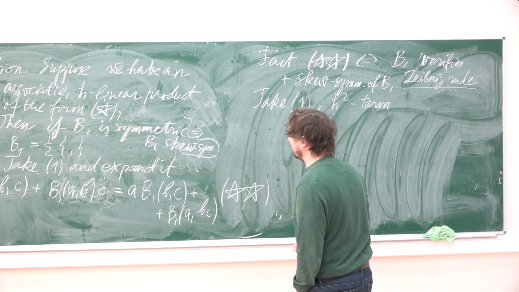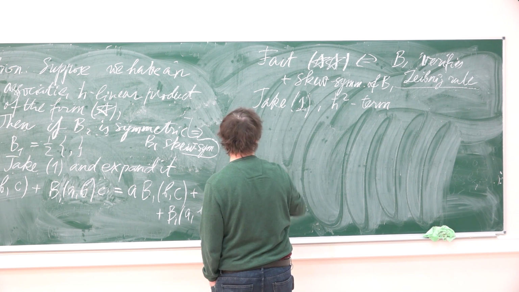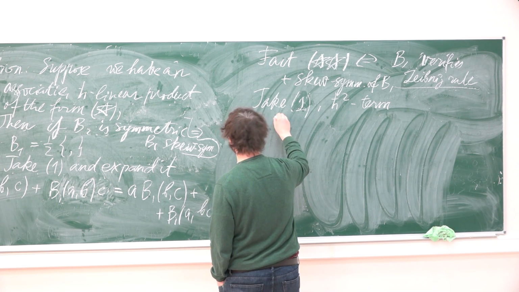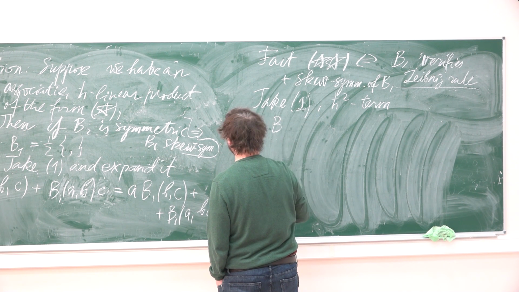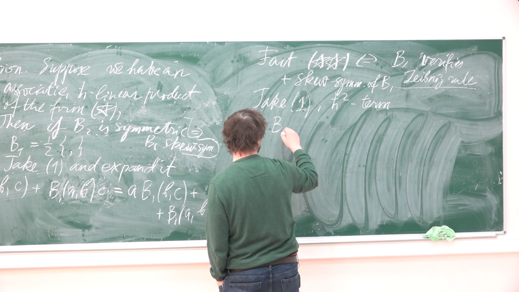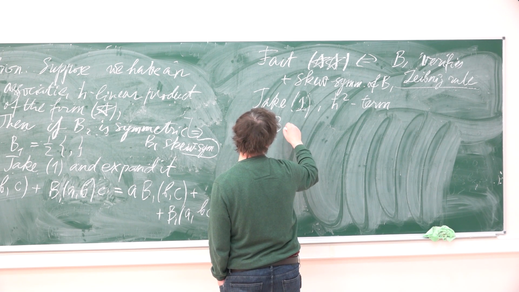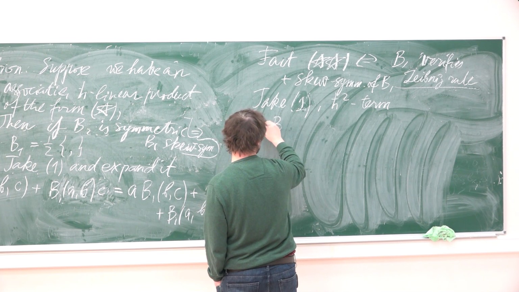Again, how can we get h-bar square? There are two ways we can do this. First, we can do it by plugging B1 into B1. And second, we can do it by plugging the usual product into B2. So we get a formula like this.